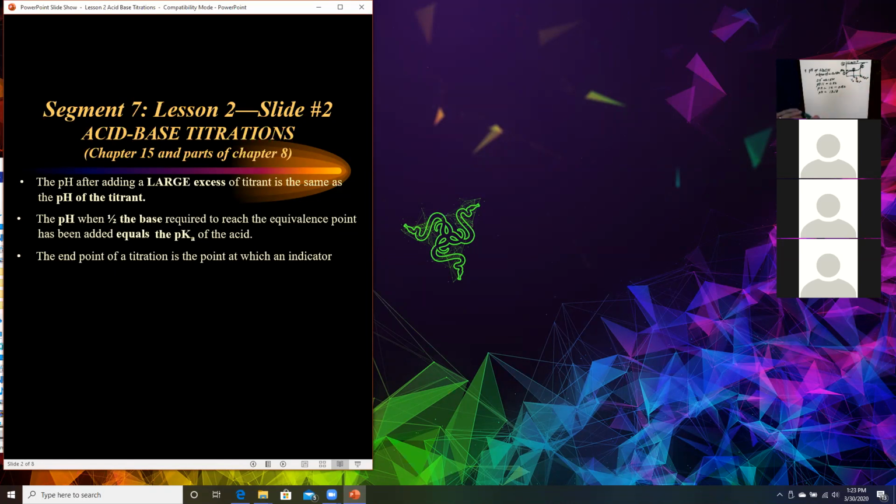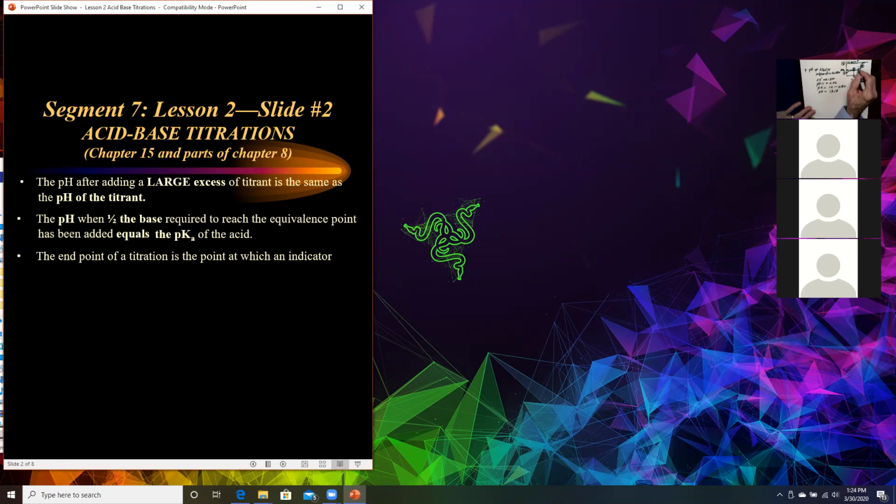Well, what we have to do is use an indicator. Let's suppose the indicator I put in right here and maybe right here. It's one color when its pH is this value, and the other color when its pH is this value. So that might be like phenolphthalein.